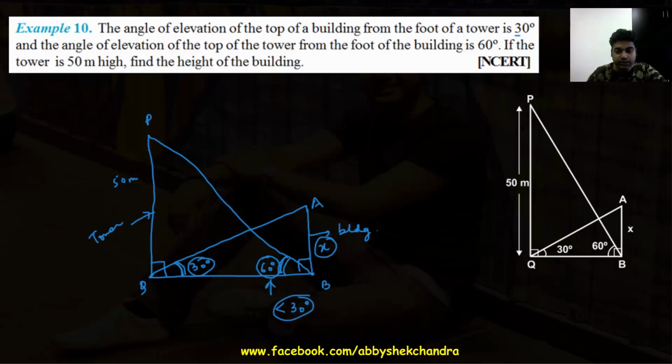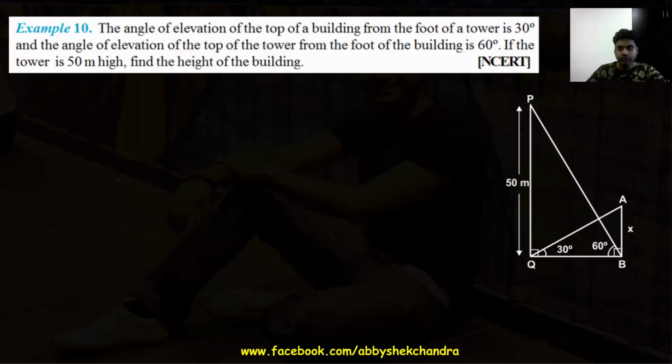If it's more than 30 degrees, that means that the tower is taller than the building. Fine. So this is how I got to this figure. So this is our tower and this is our building. Fine. Okay, now we need to find the height of the building, right?